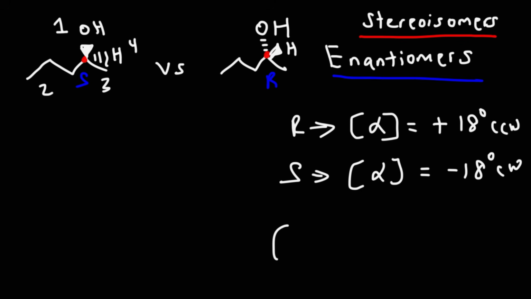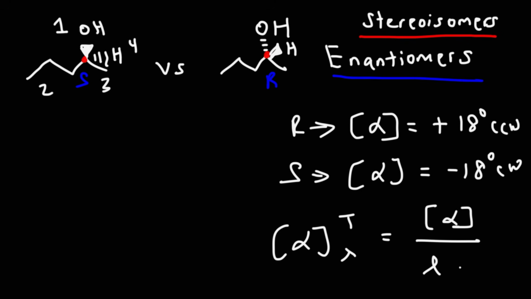The formula for specific rotation is this. It's equal to the observed rotation divided by the path length, which is in decimeters, times the concentration, which is in grams per milliliter. By the way, for those of you who want more practice problems on specific rotation, feel free to check out the links in the description section below, because I'm going to have a video that covers this.